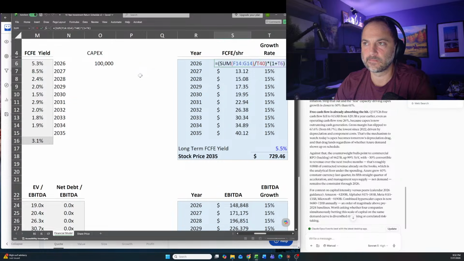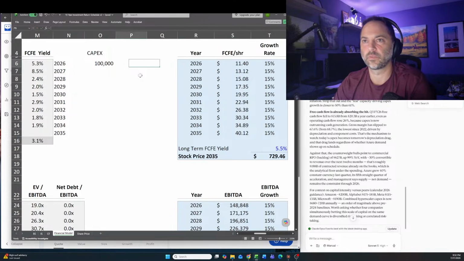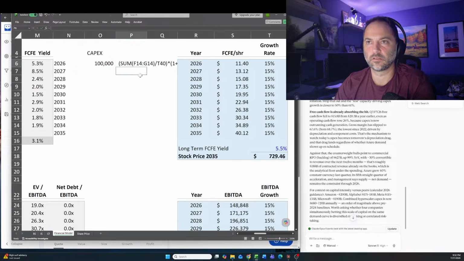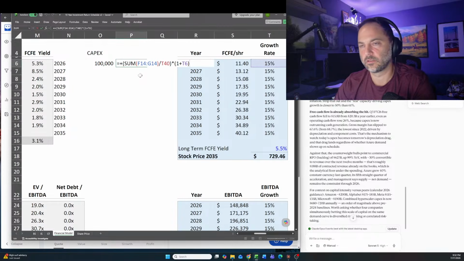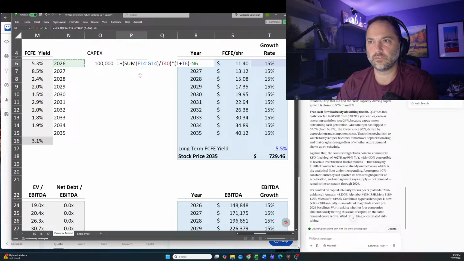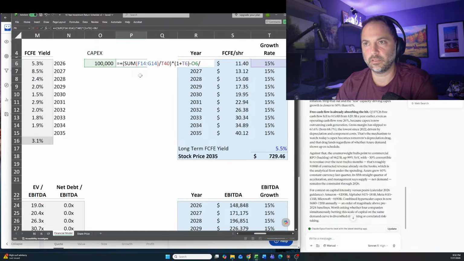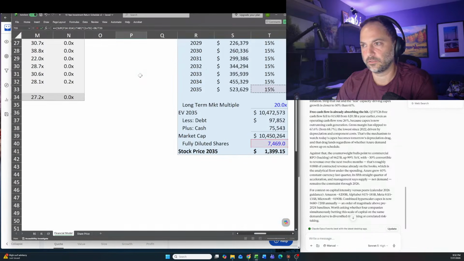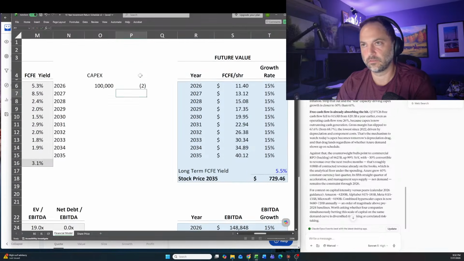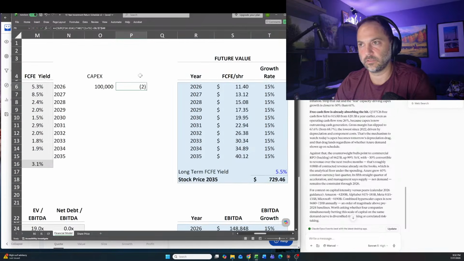How do we want to do this on this underwriting? So we grow it, and then we less this divided by shares outstanding. That's $2.